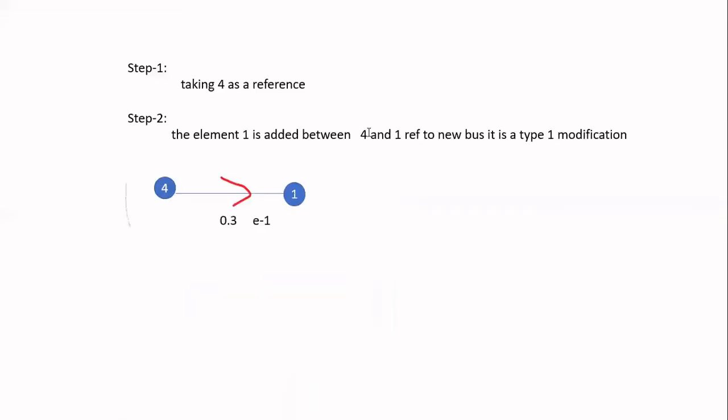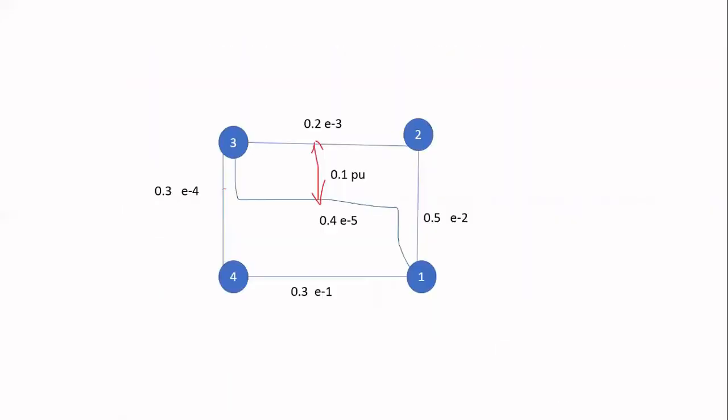This is the given graph. The mutual impedance is there in between the 3-1 element and the 3-2 element, and its value is 0.1. When we are adding element 5, we follow another step for solving the Z-bus building algorithm.